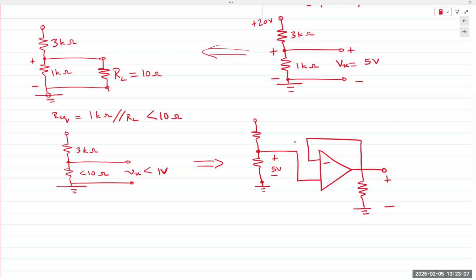Now your RL could be any value, but your V out will remain at 5 volts, no matter what, since your V in is 5 volts.